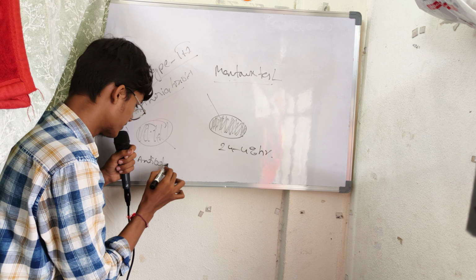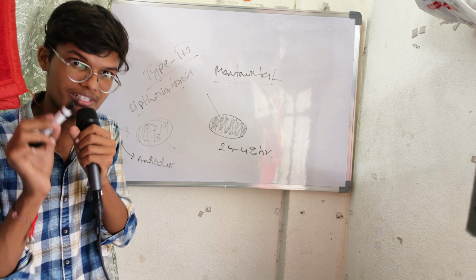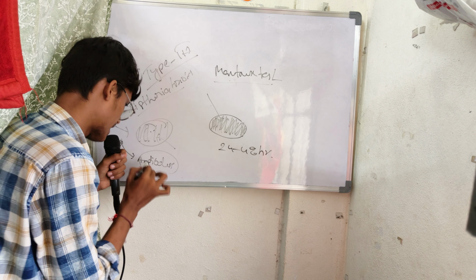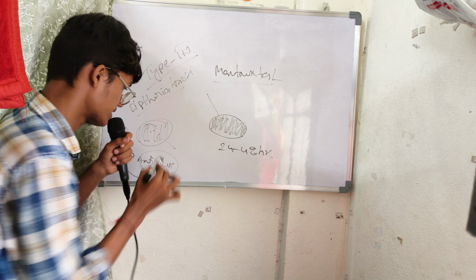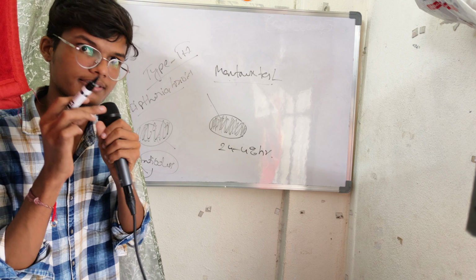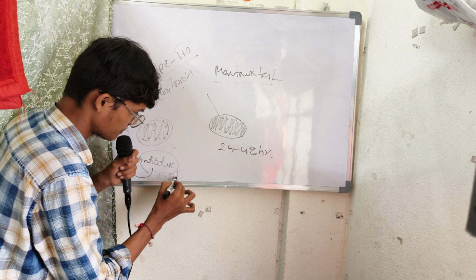If previously the body had fought with the diphtheria toxoid and had antibodies, the antibodies will immediately combine with the antigen and form the rash by forming immune complexes, and it will occur in 4 to 12 hours.